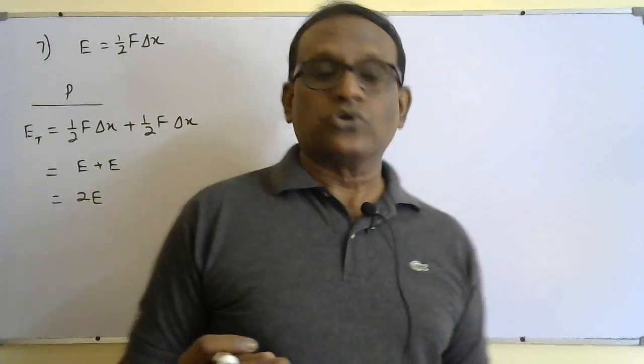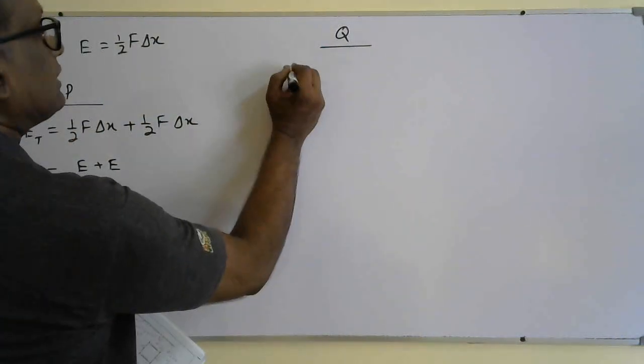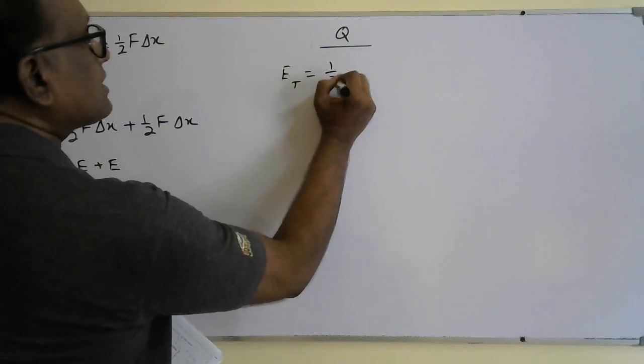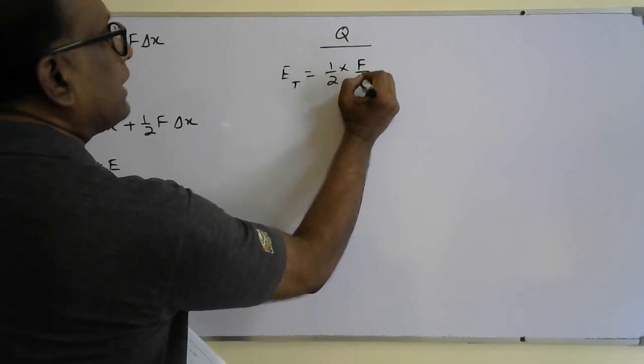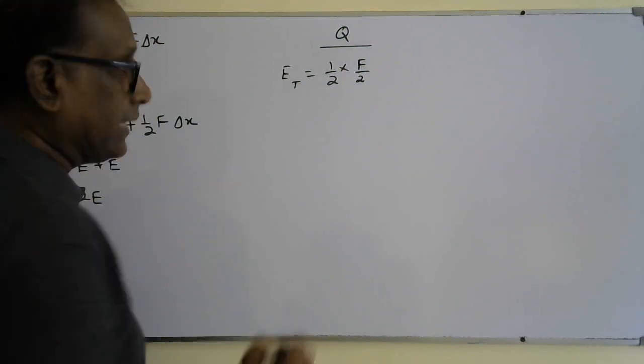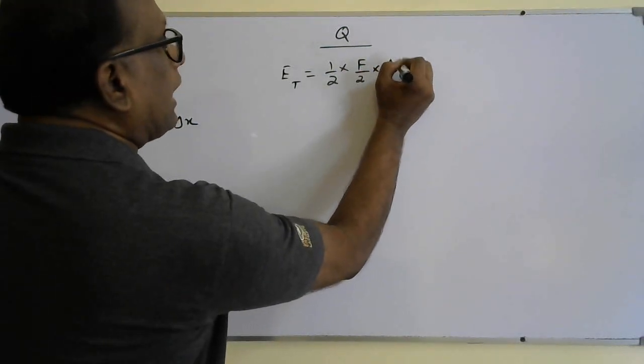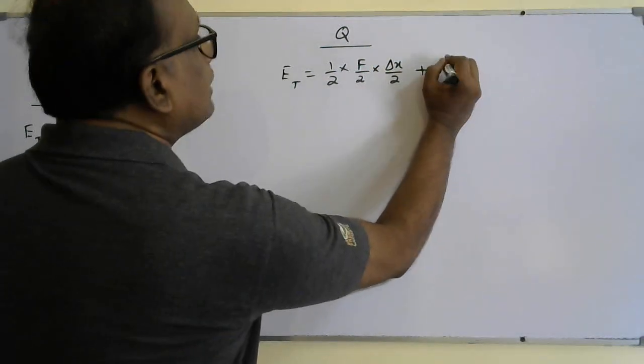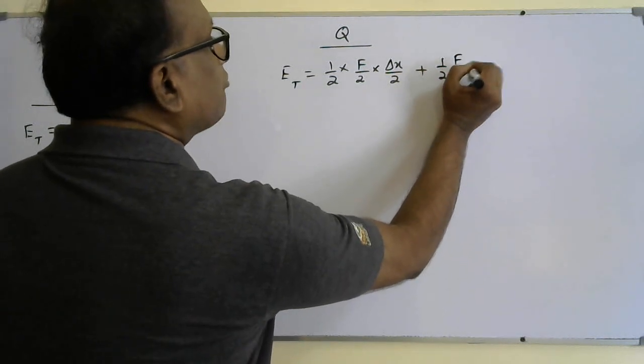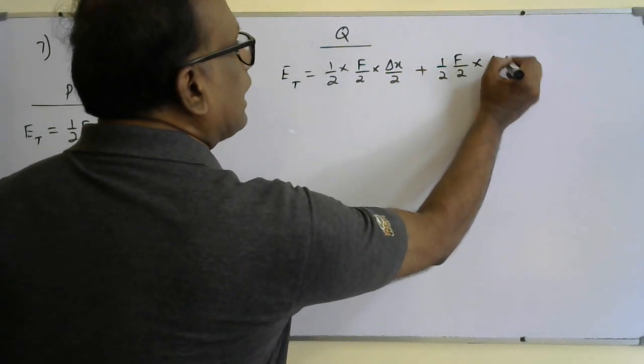tension F by 2. So on Q, the total energy, if I use half F delta X, will be half, the force is F by 2 for the first spring, its extension will be delta X by 2. Again, the second spring, half F by 2 into delta X by 2.